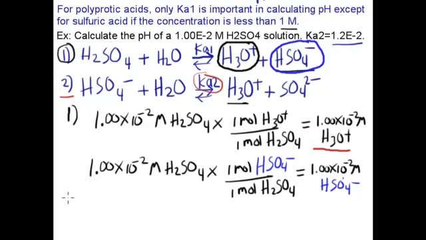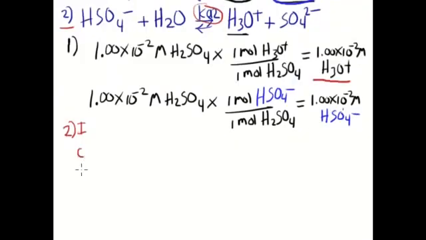So for step 2, we need to make an ice table. We have our concentrations. We calculated our initial concentration of HSO4 minus to be 1.00 times 10 to the negative second molar. H2O doesn't go in our ice table. Hydronium does have an initial concentration because we already have a bunch of that in there from the first step, so that's a little bit different than what we've done before.